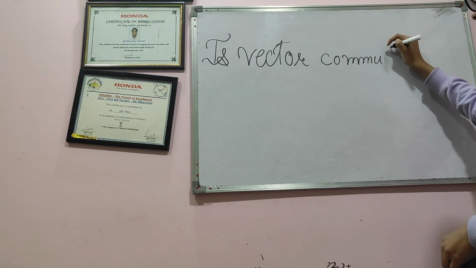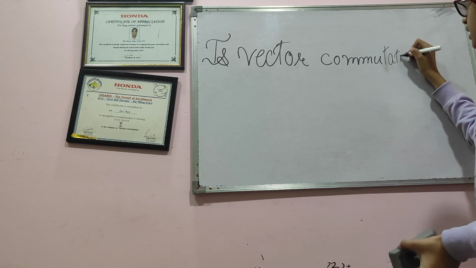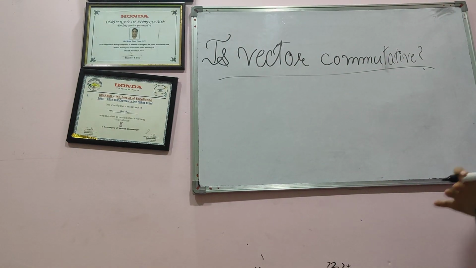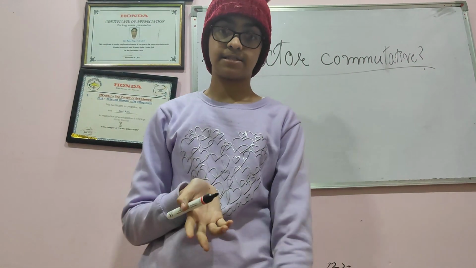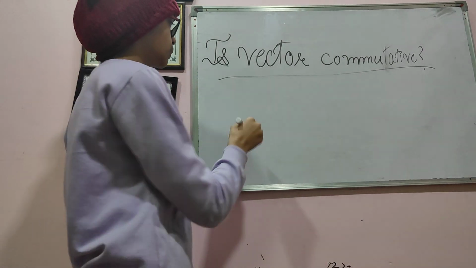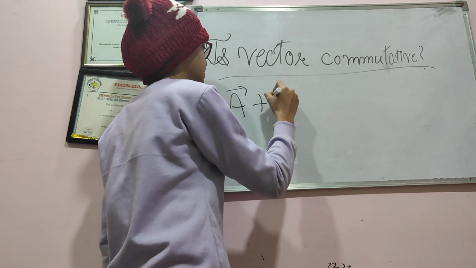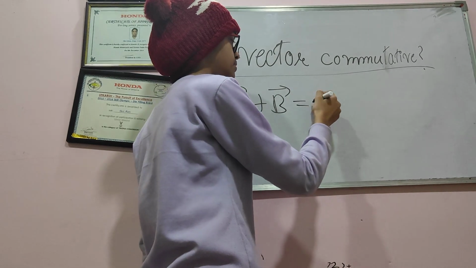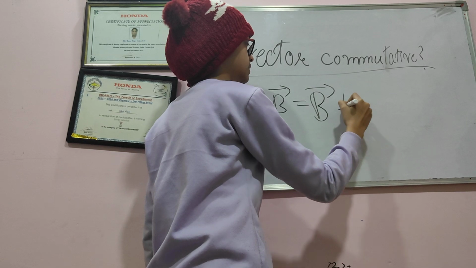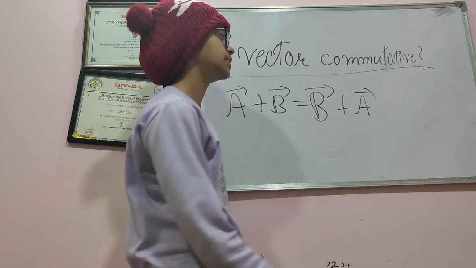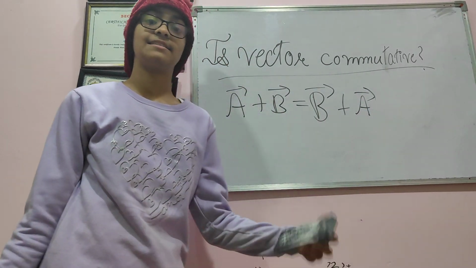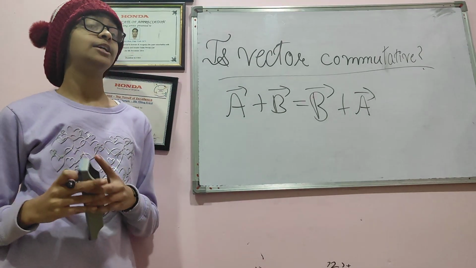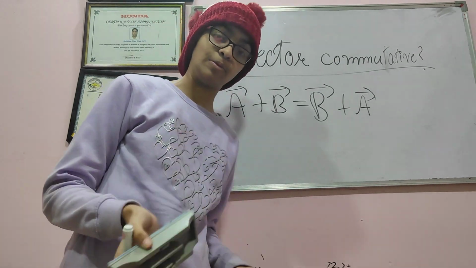Means if we are adding two vectors' magnitudes, will it be equal? Like A vector plus B vector, is it equal to B vector plus A vector? Absolutely, because addition satisfies the commutative property. So, is vector commutative? Yes, it is absolutely commutative.